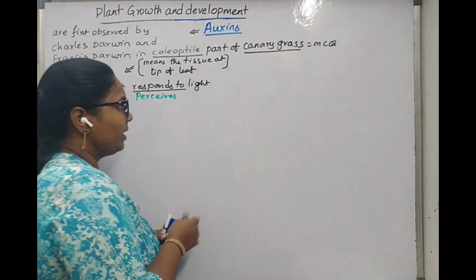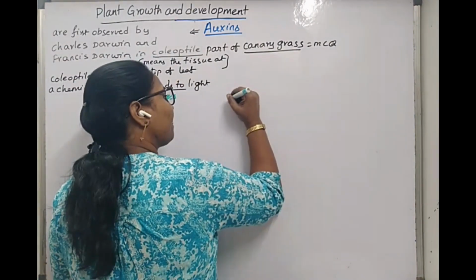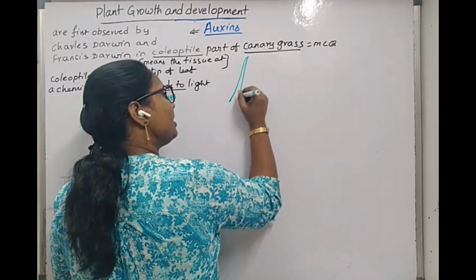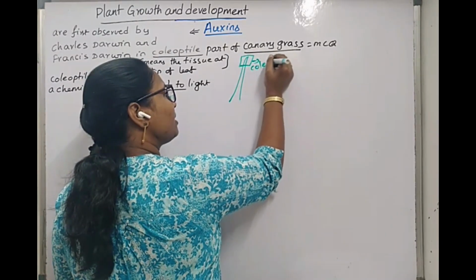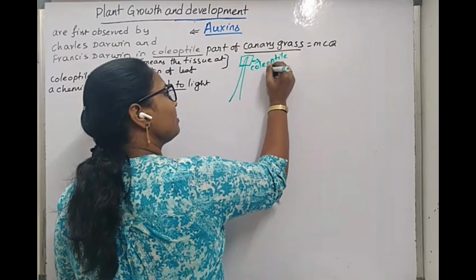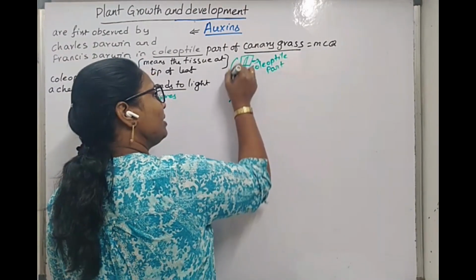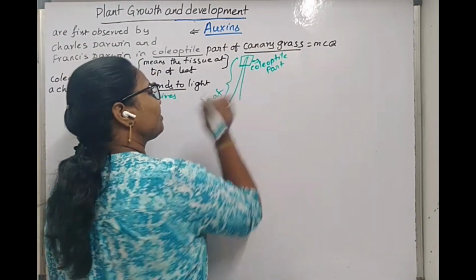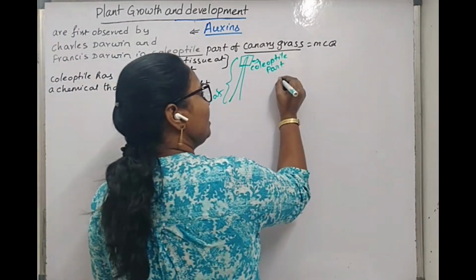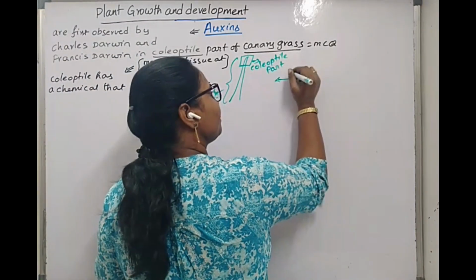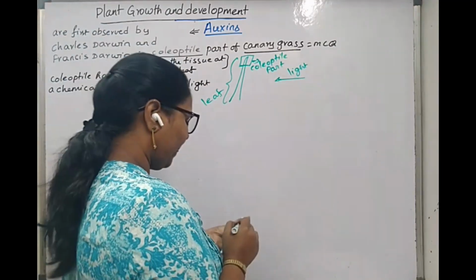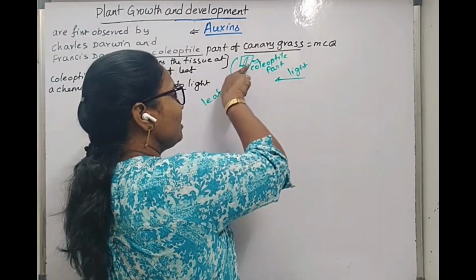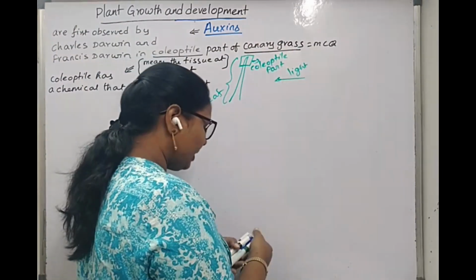So we can give a diagrammatic representation. If this is the tip of the leaf, we can label it the coleoptile part, and this whole one is the leaf. When light is exposed from this side, the coleoptile region bends towards the light direction.